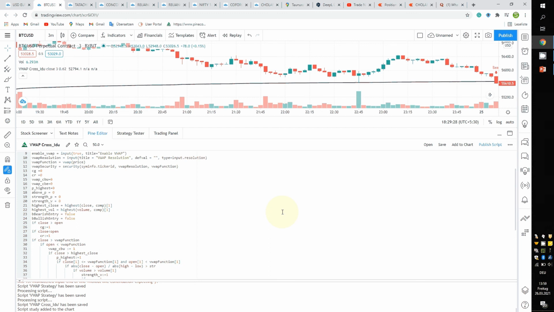I hope you liked it. You can find this code in the TradingView portal. If you search for VWAP cross underscore, you can find the script and add it, or just use it as it is. This is working fine for me in a time frame of 3 minutes, 5 minutes.